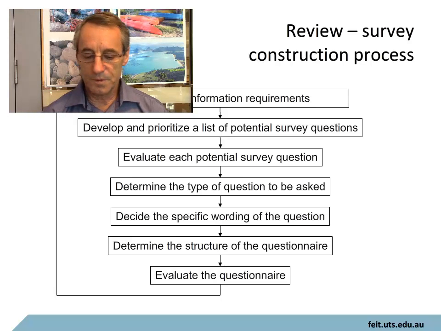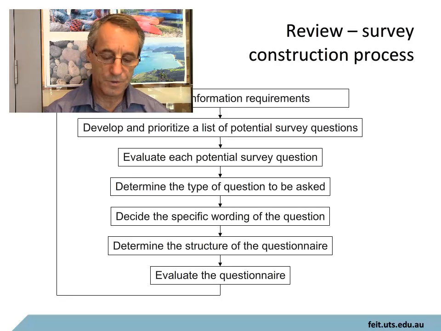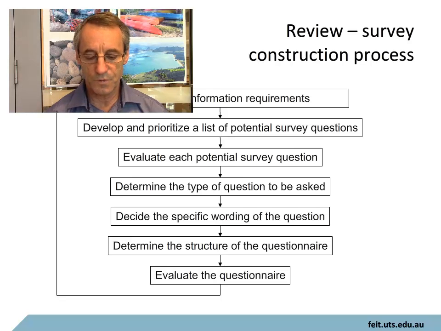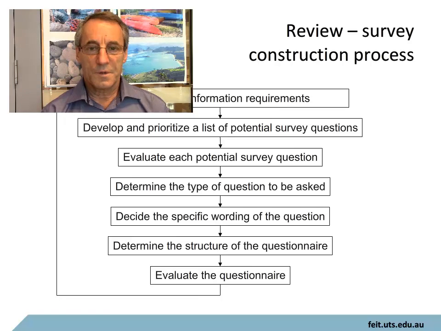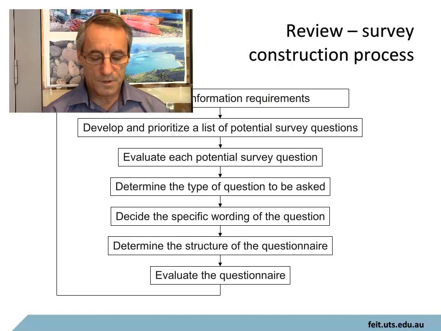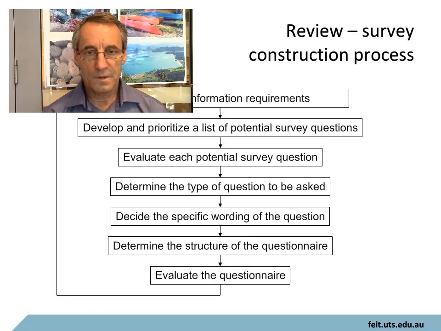So just to review, the survey construction process is you review the information requirements, you develop the prioritized list of survey questions. We do this in a two-step process. You develop the candidate questions, question classifications. Then you develop draft questions and refine those and eventually get them done.